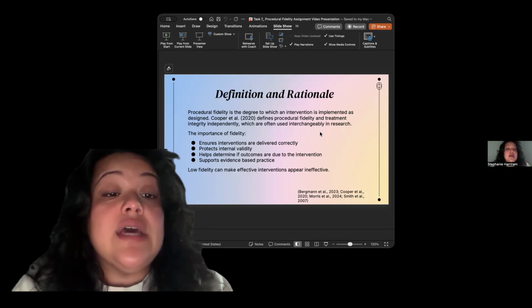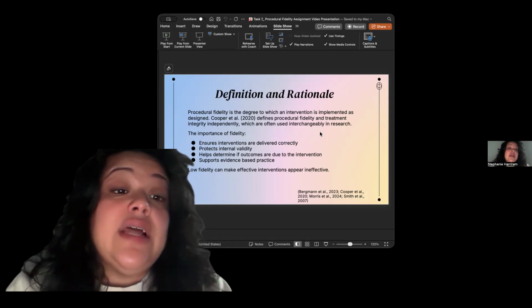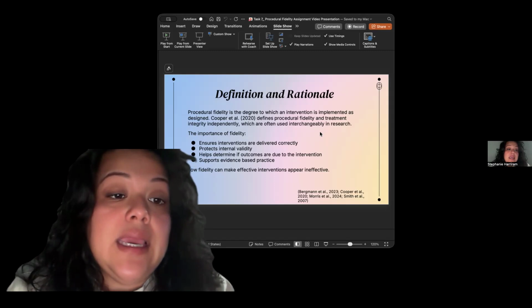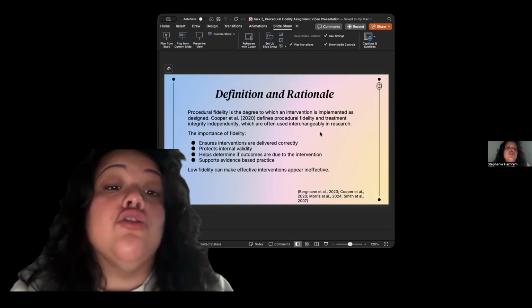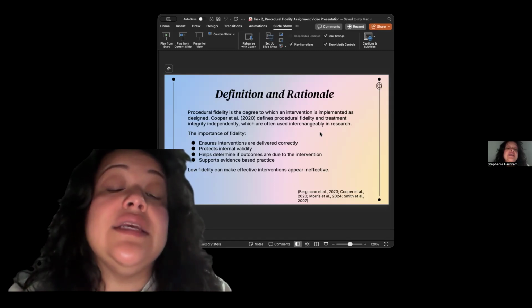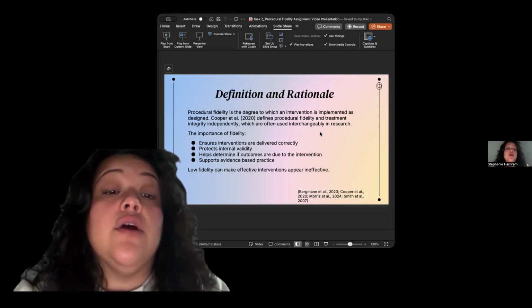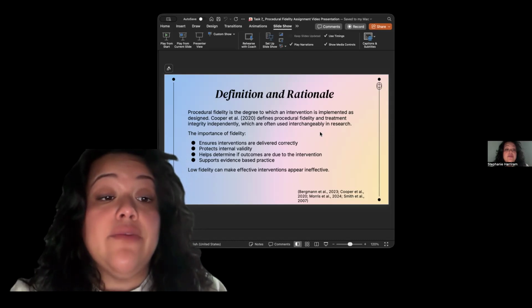Now, the importance of fidelity. Fidelity ensures that interventions are delivered correctly. It helps to protect internal validity, meaning that the independent variable is the reason for the change in behavior.